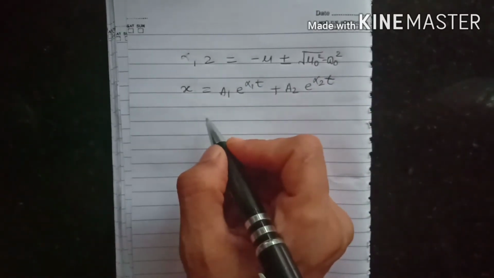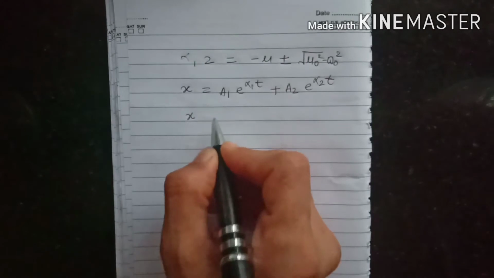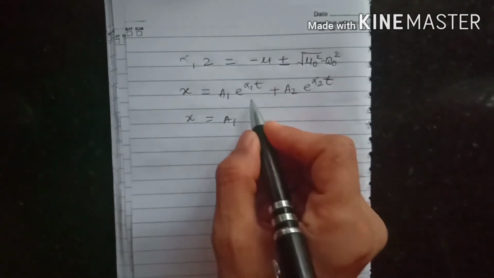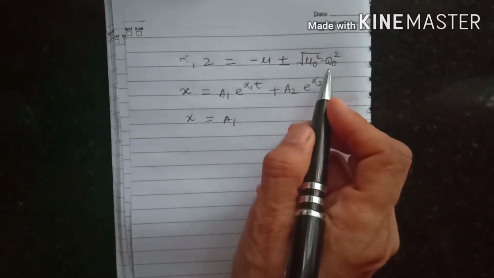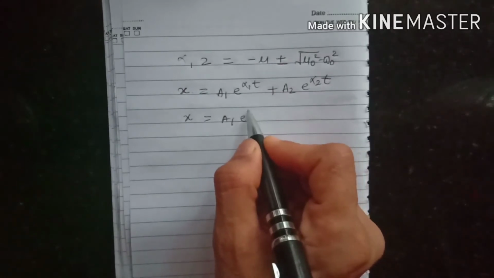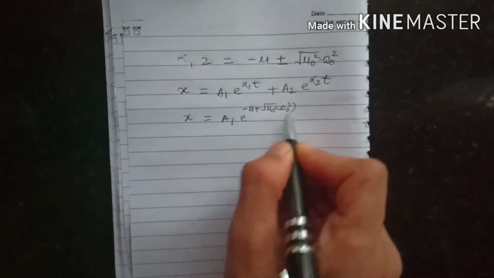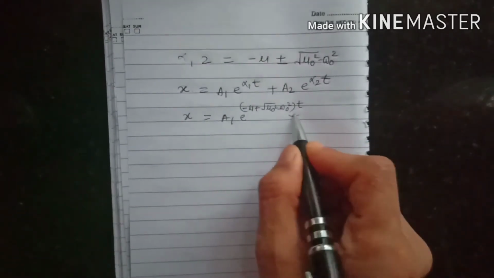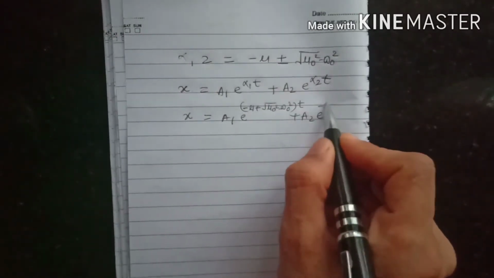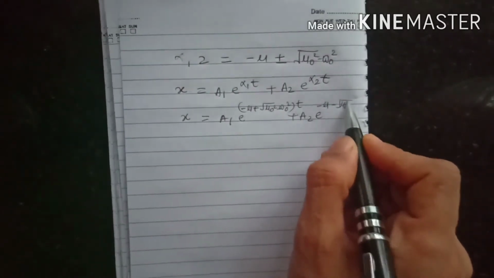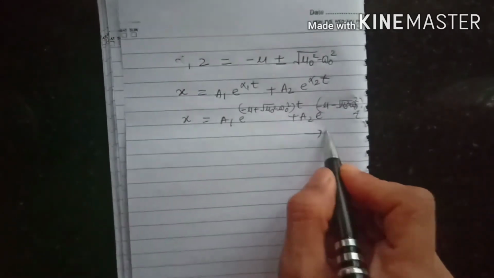So substituting alpha 1 and alpha 2, x = a1 e^((-mu + root of mu squared minus omega 0 squared) t) + a2 e^((-mu - root of mu squared minus omega 0 squared) t). This is equation number 7.